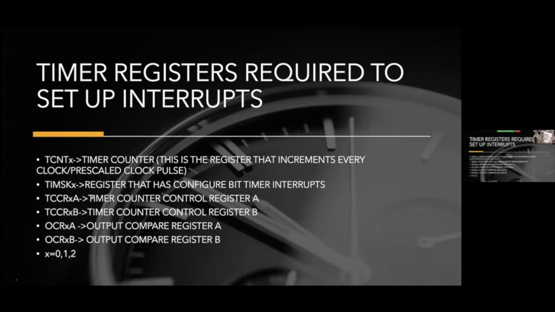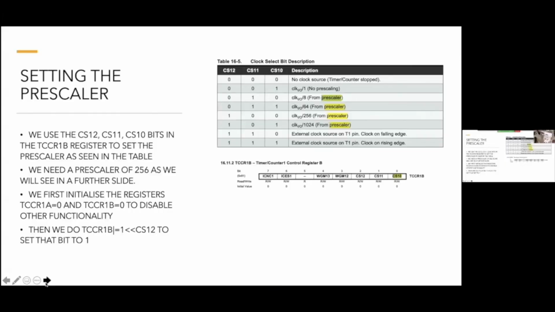TCCRxA register, the timer counter control register, is also used. These two are used to configure some things in the timers. And I think yes, the TCCRxB register will be used for setting the prescaler, and I will talk about these in detail. OCRxA and OCRxB registers are the output compare registers. We'll talk about them in a second.